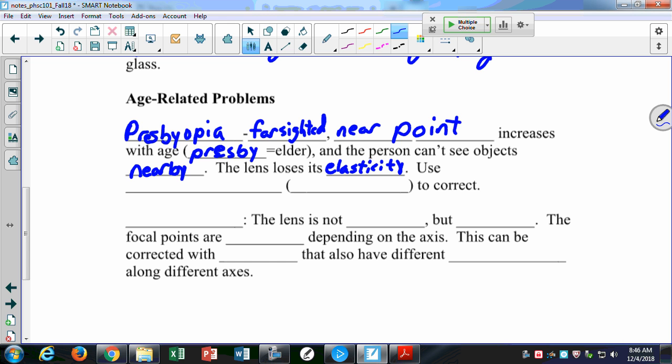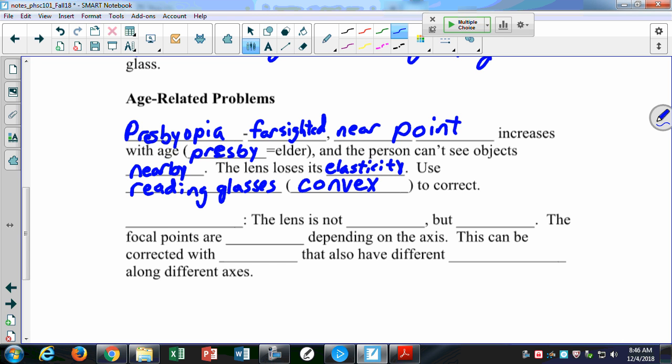And you use reading glasses to correct. You don't even need to go to the doctor, you just get reading glasses. And remember, these are concave or convex lenses? Convex. The convex lenses for farsighted people. Farsighted people and old people use reading glasses.